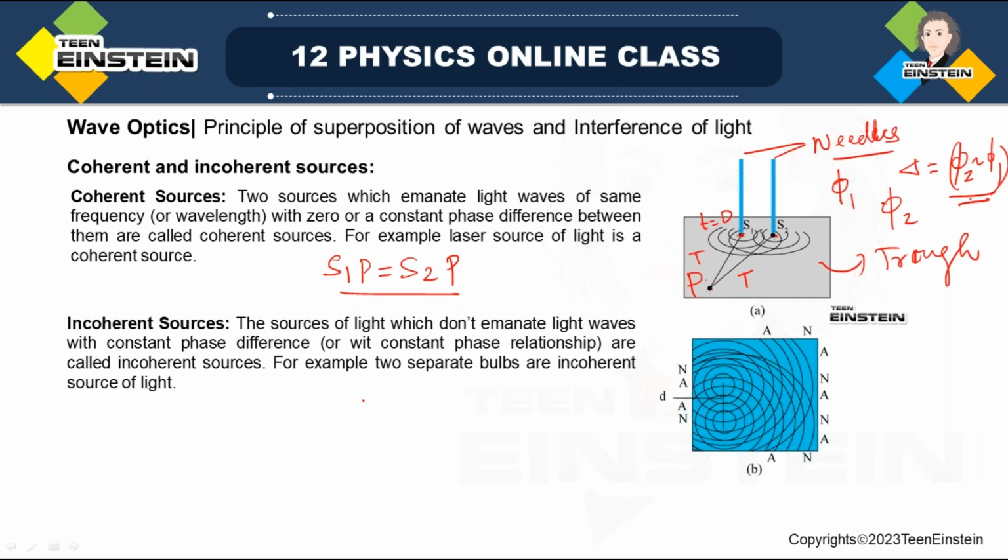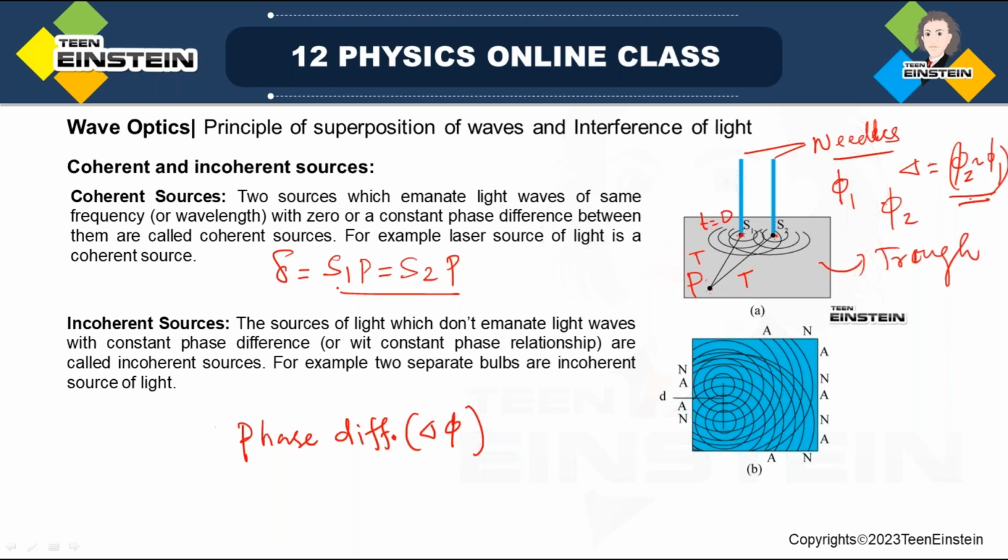Hence, see, path difference and phase difference have a relationship. Phase difference is denoted by delta phi. Path difference is denoted by delta.